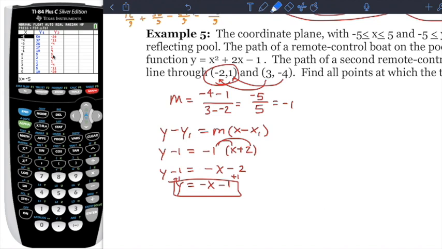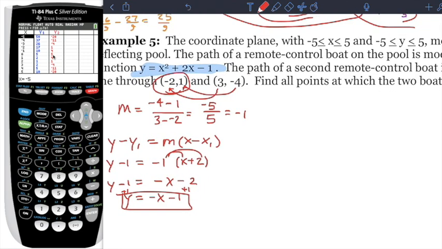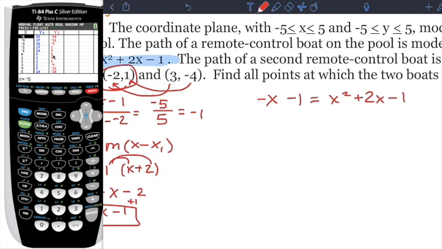Then since that is equal to y, and this equation is equal to y, we're going to set these two equations equal to each other. I'm going to say -x minus 1 equals x squared plus 2x minus 1. Okay, from here, we're going to add x to both sides because we want to cancel out. And we'll add 1, which will also cancel out the 1's on the right-hand side.